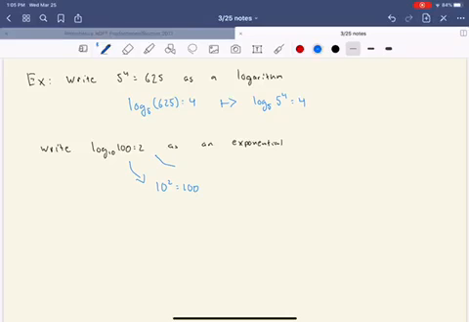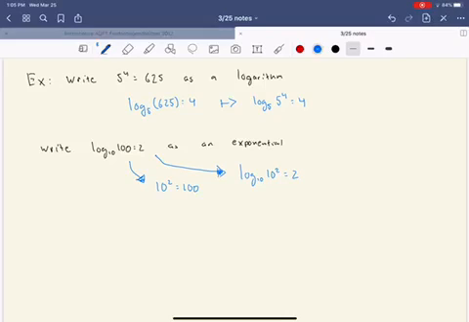I want you to also notice, though, that the original expression, log base 10, and then you recognize 100 as 10 squared, that equals 2. Okay, so that's a way that you can recognize that.